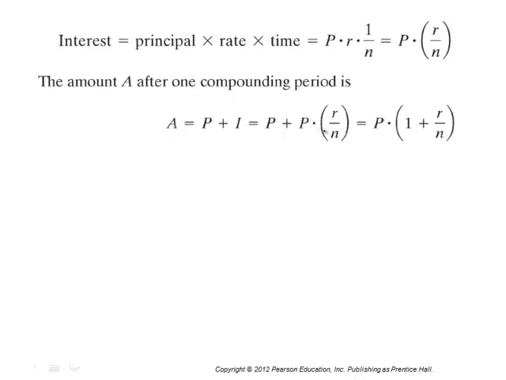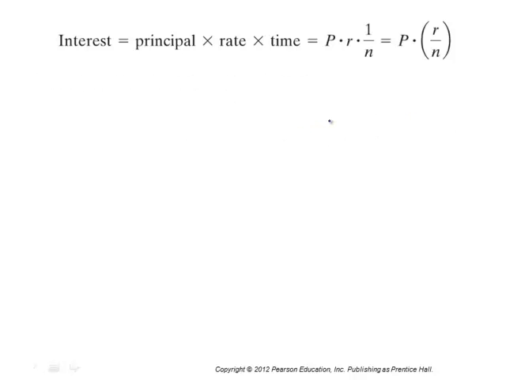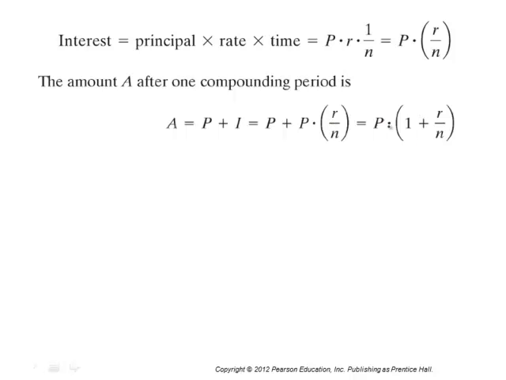But the interest I is equal to PRT, and T was 1 over N. So you have P plus P times R over N. Now, using a little bit of algebra, we can simplify this and write it as P times the quantity 1 plus R over N. So if you tell me what the principal is, what the interest rate R is, and the number of compounding periods per year, I could tell you exactly what your balance is going to be at the end of the first period. Okay? So far so good, everybody?